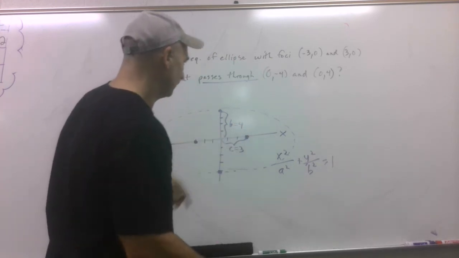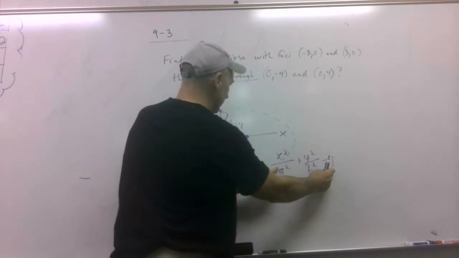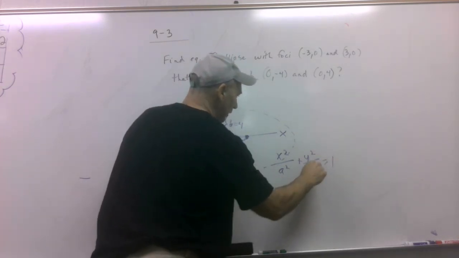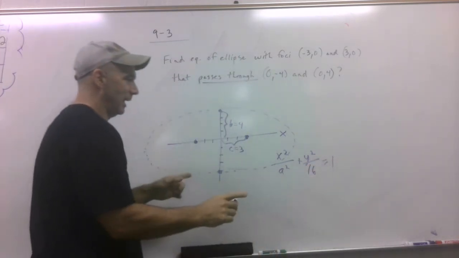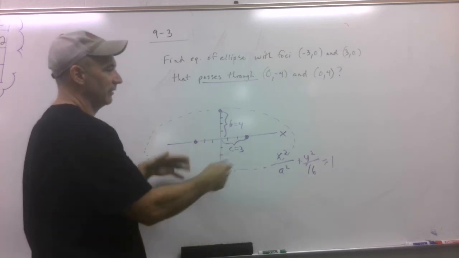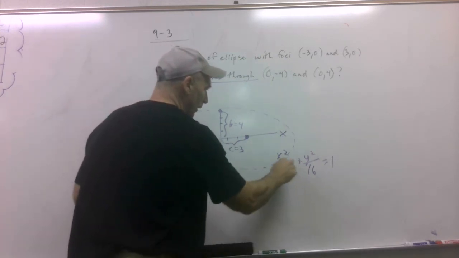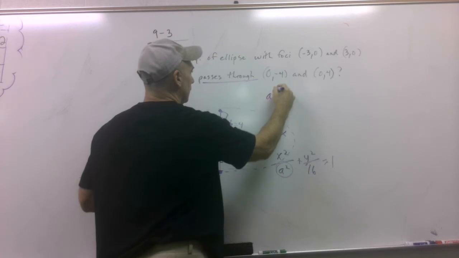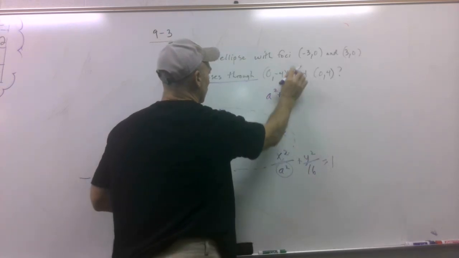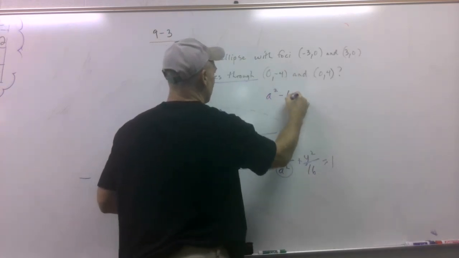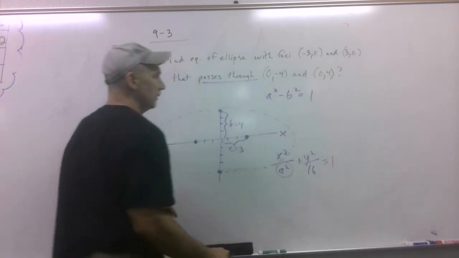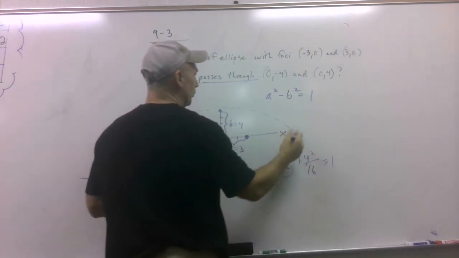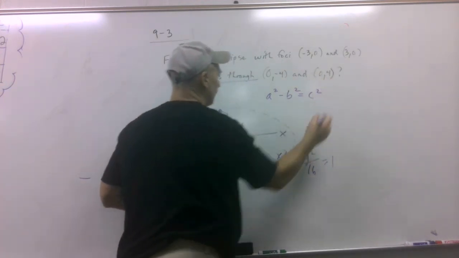With that in mind, and this in mind, I can put 16 here, which tells me, aha, I got to find a, and then square it, because I need a squared. But watch this formula. It's a squared, always want to put plus there, minus b squared equals c squared.